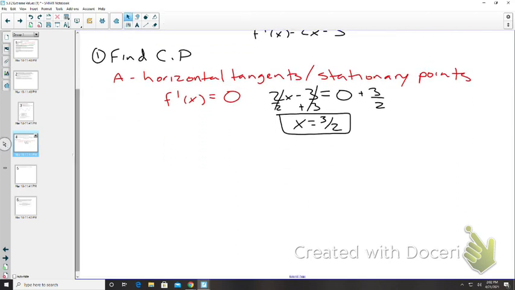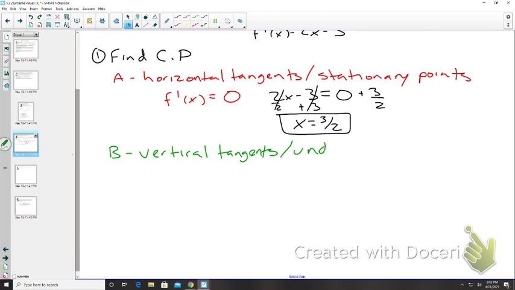The second thing we're going to do, step B, is finding the vertical tangents, or undefined values. So what do we know? What is our derivative equal when we have an undefined value? Isn't that just our points of discontinuity? Well, I guess not in this case. Can you say what you said again?